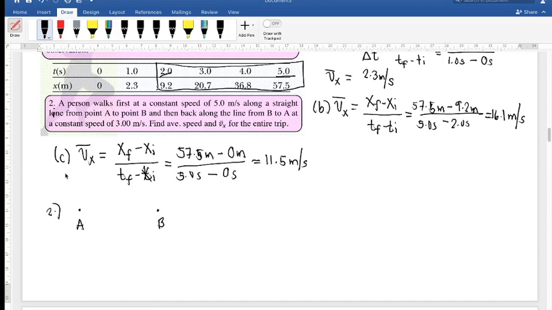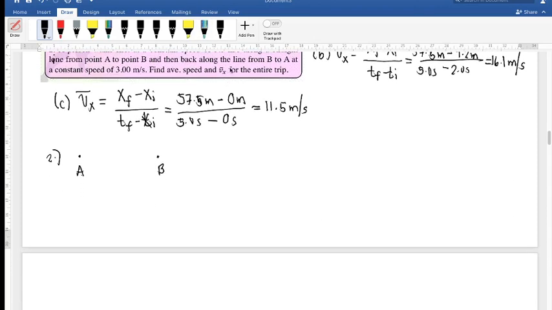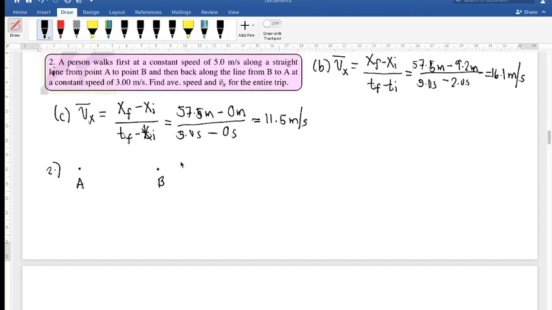Okay? We have to find the average speed and the average velocity for the entire trip. Okay, so we don't have a distance here, so we can let the distance between A to B as D. Kasi hindi siya given sa problem.